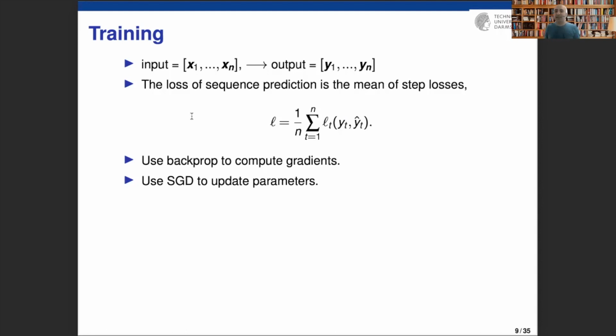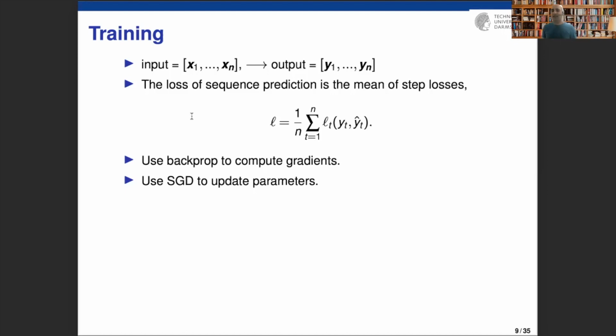So if we say L_t is the loss at time step t for true label y_t and the predicted label y hat t, we just compute the average for a sequence of n.